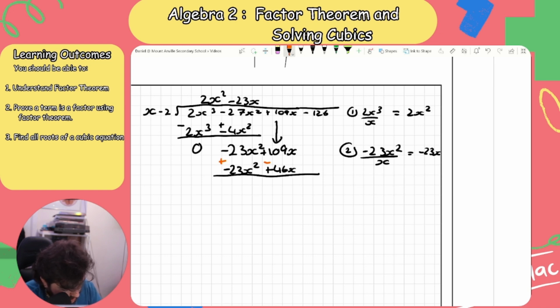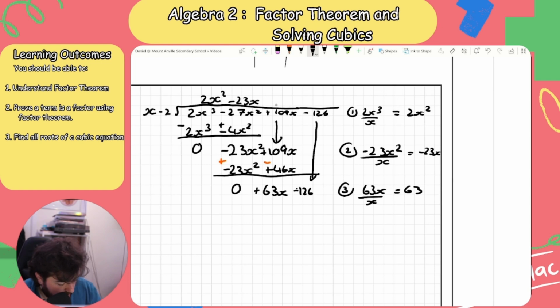Minus, plus, that's going to go to 0. This is going to go to 109x minus 46x, which gives me 63x. Bring down the minus 126. 63x divided by x is 63. Put it on top. 63 times x is 63x. 63 times minus 2 is minus 126. Minus, minus, 0, 0.